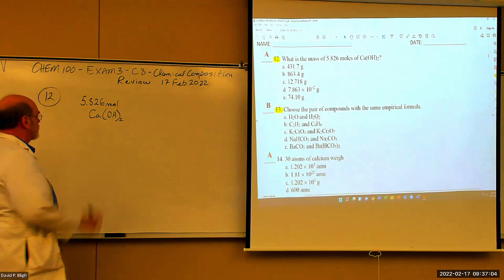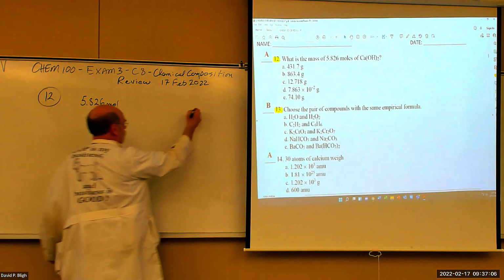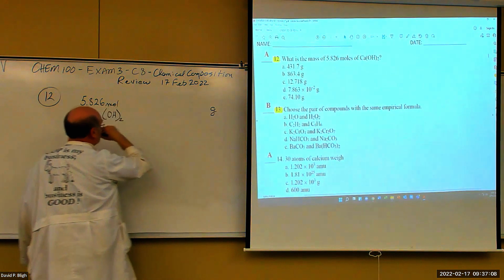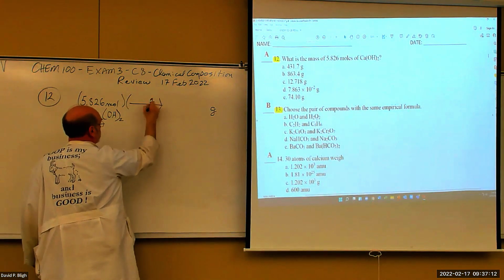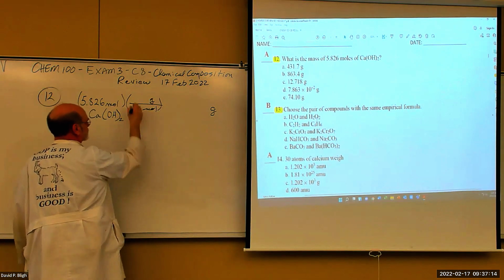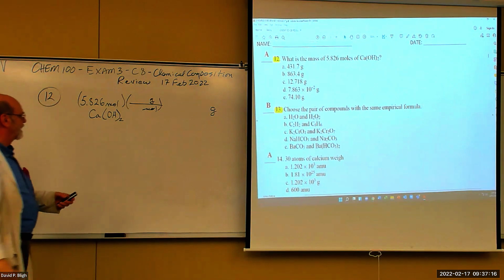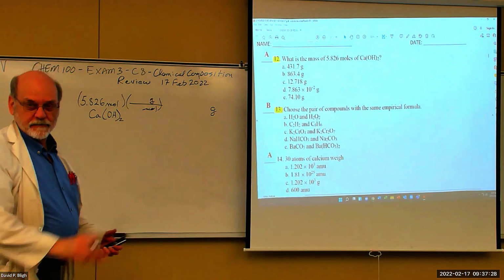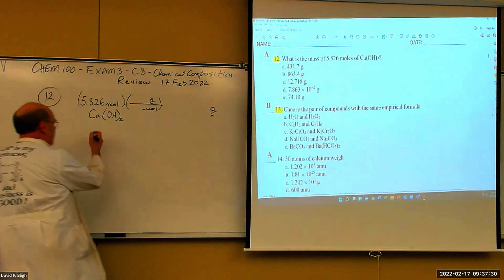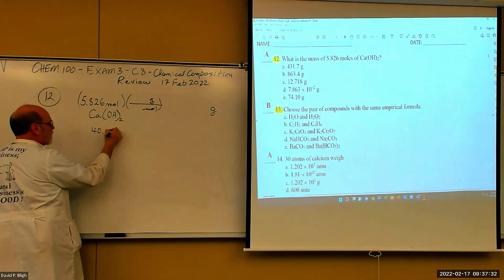Okay, what's the mass of that many moles? Well, if we're going to mass, then we do have a conversion factor that will do that. It's called molar mass. So we just need, what's calcium hydroxide's molar mass? Well, calcium is about 40.08.